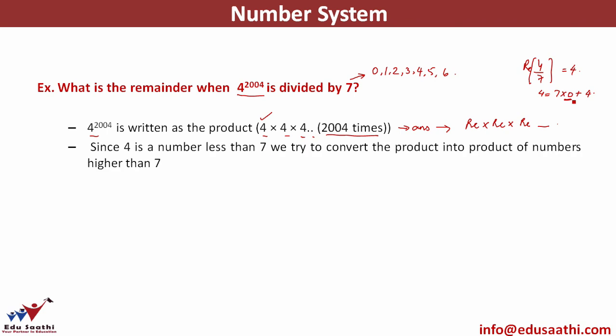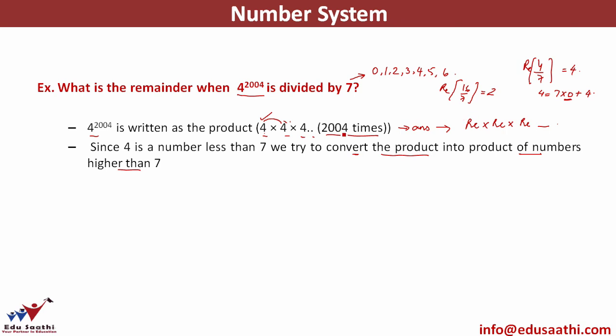So I will try to make pairs of 2, 3 or 4 such that I get a remainder of 1. So if I look at this, 4 into 4, what is it? 16. 16 when divided by 7 would give me a remainder of 2. I will keep on making the pairs in a way such that I get one remainder.